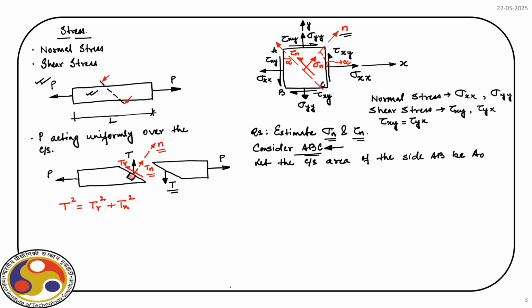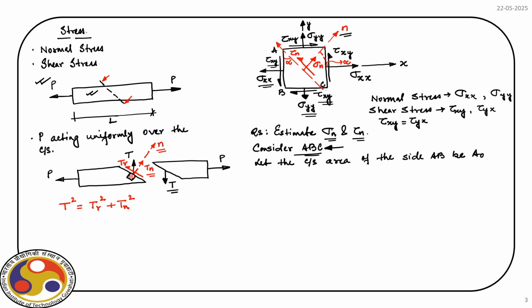So, the forces acting on AB are basically one caused by this sigma xx and then tau xy, right. Similarly, what are the forces acting on BC? One caused by this sigma yy and the other one is by tau xy. Obviously, we are considering the lower half of the wedge.